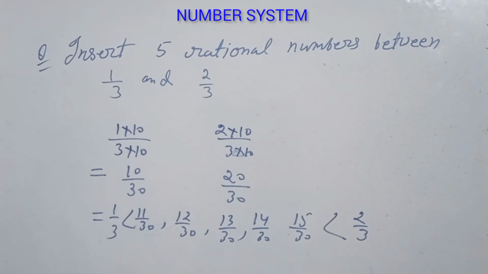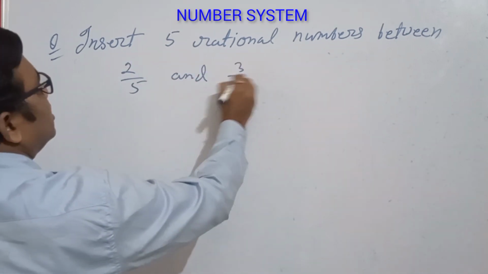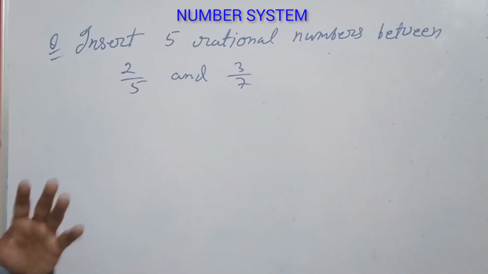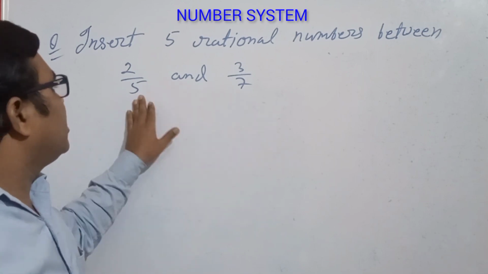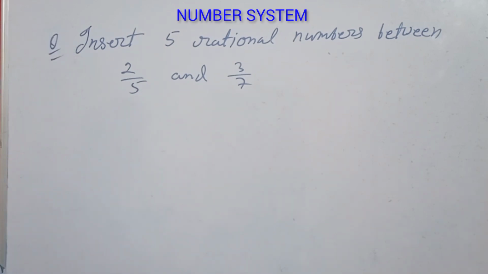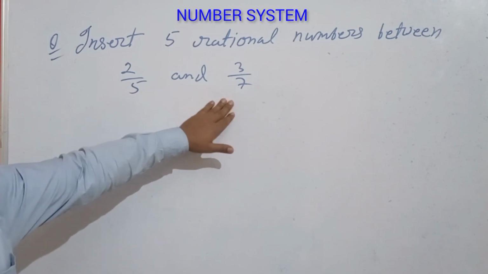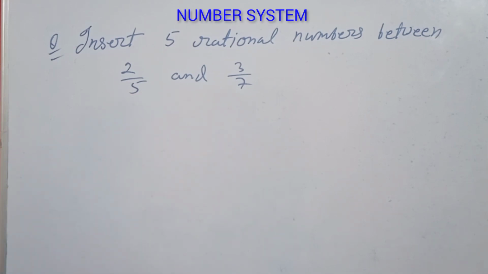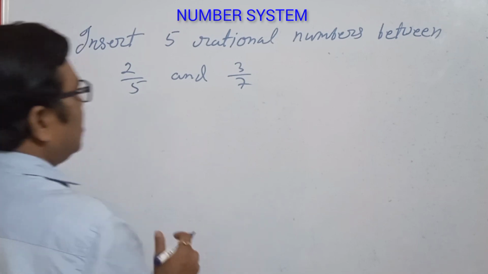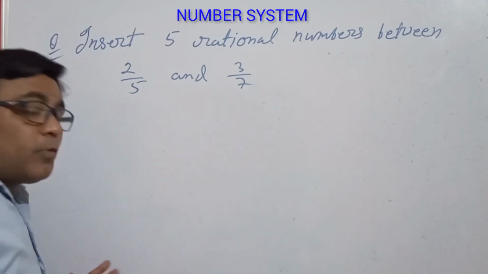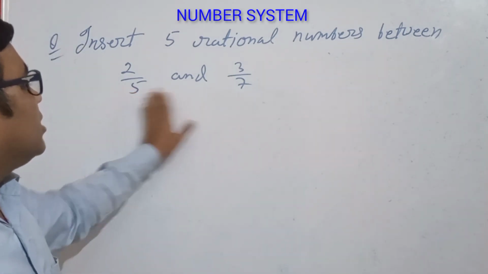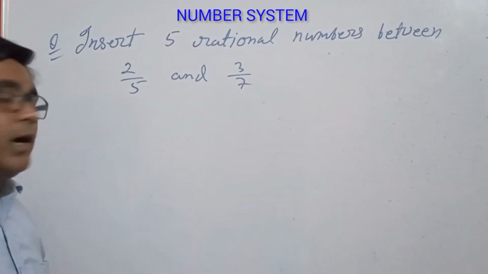Now next, one more example, 2 by 5 and 3 by 7. Here we can see the denominators 5 and 7 are different. So first we will make these two denominators the same. For this purpose we take the LCM of 5 and 7. What is the LCM of 5 and 7? The LCM of 5 and 7 is 35.